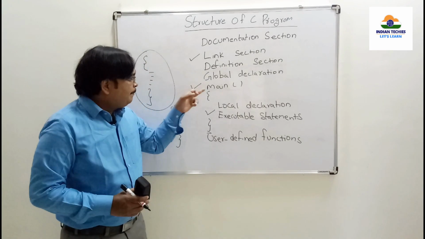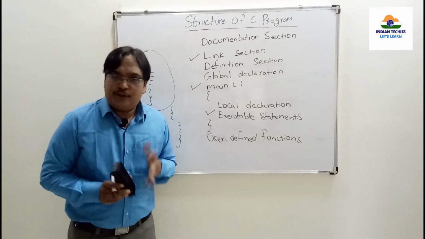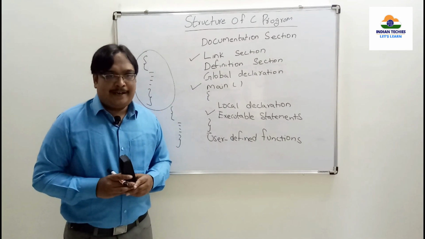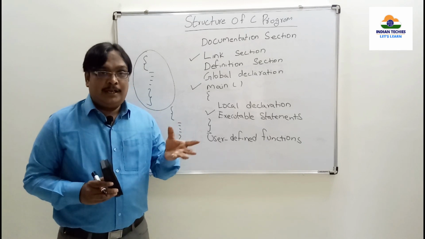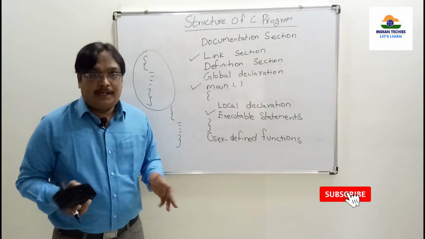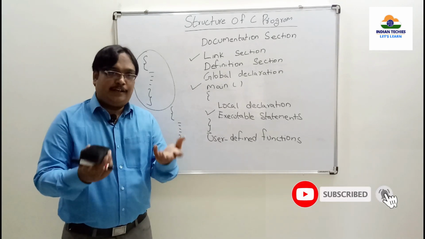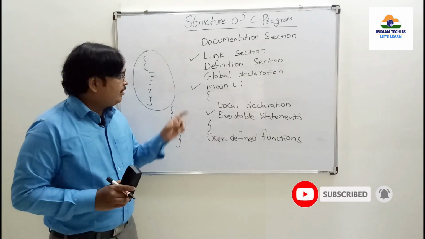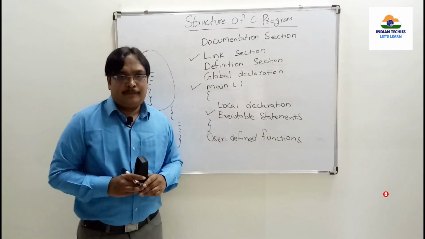Now main, the word is predefined. You cannot change the meaning of main. You cannot change the word. Instead of writing main, you cannot write hi, hello, bye, or any other word that you want, or your name. Nothing can be changed. All small letters, main.